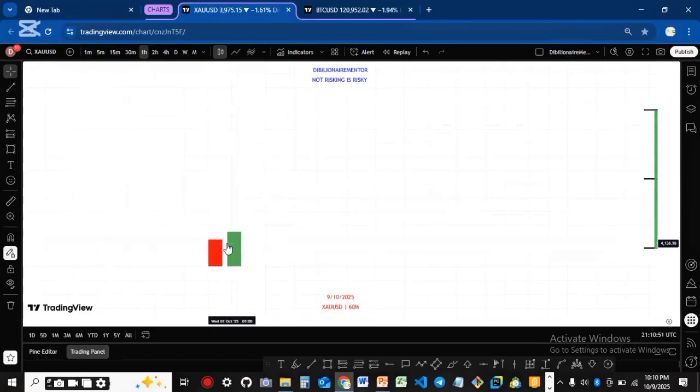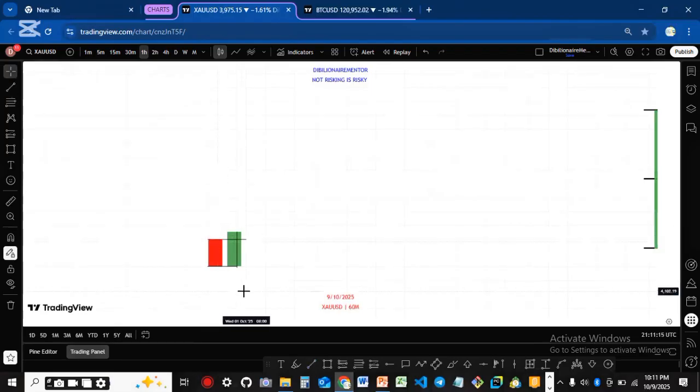Do you understand? So we can see that this red candle opens here, and this is the close of the candle. When the candle closed here, immediately the bullish market participants came to engulf this previous candle.